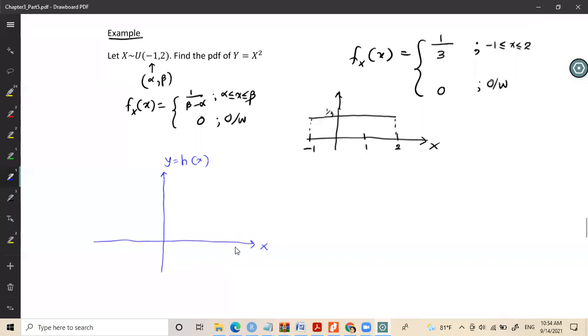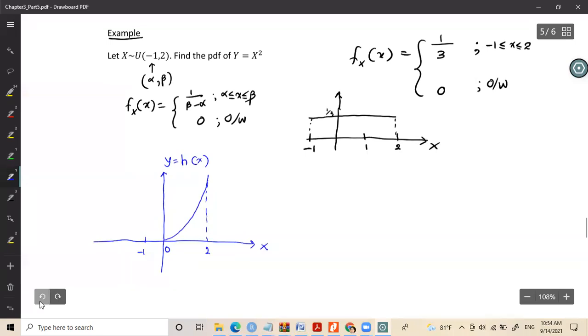You are very familiar with the graph of x square. It is the parabola, right? In the positive quadrants. So let's draw it from 0, and our limit is up to 2, and this side up to -1. So it should be symmetric.